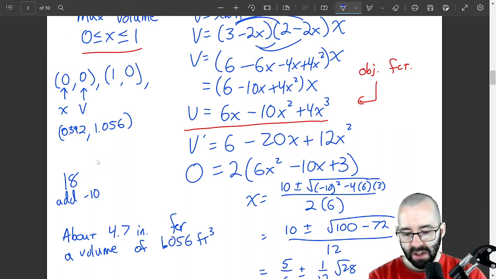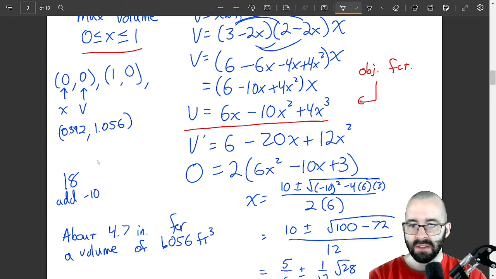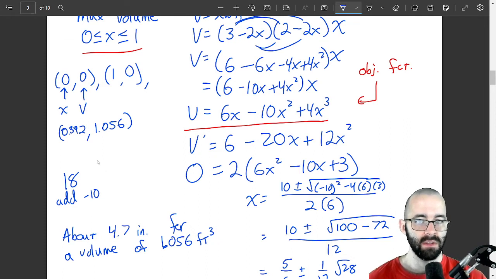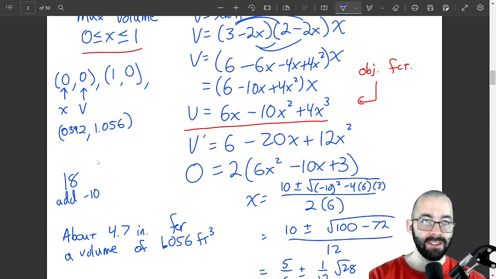Converting cubic feet to cubic inches is not as simple as just multiplying by 12. Multiplying by 12 changes one of the feet to inches, but you'd have to multiply it by 12 times 12 times 12, because cubic feet is feet times feet times feet. You have to change each one of them.